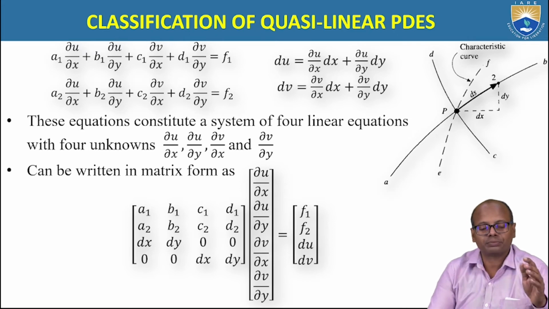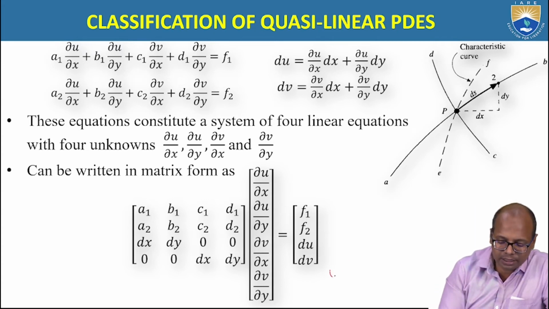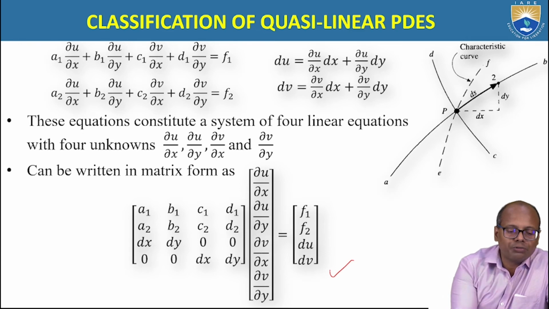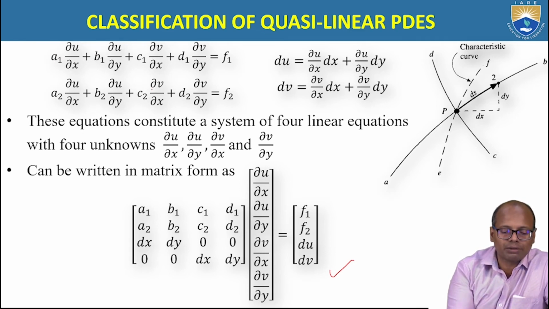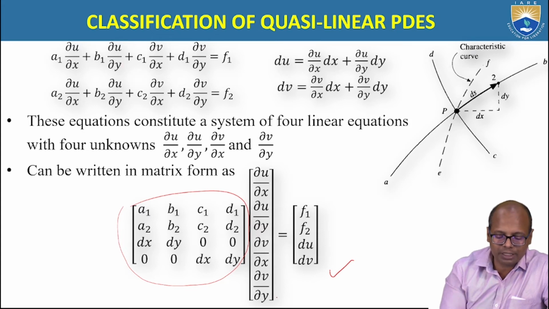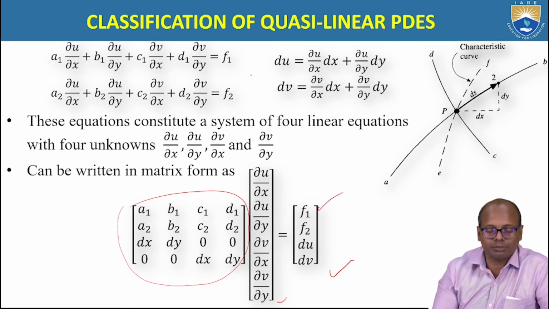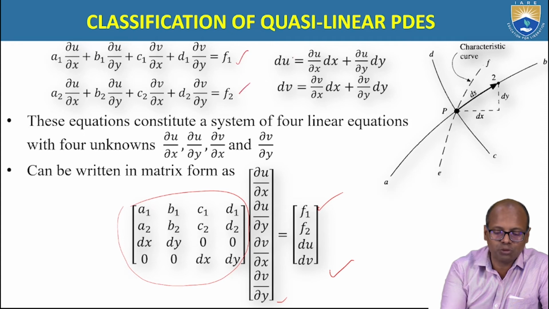Now these four equations can be represented in the form of a matrix, and the matrix is like this. Here the coefficients 1, 2, 3, 4, 5, 6, 7, 8, and here we have dx, dy, dx, dy. This is the coefficient matrix. Then ∂u/∂x, ∂u/∂y, ∂v/∂x, ∂v/∂y form the variable matrix, and this is the constant matrix, with the constants f1, f2, du, dv.